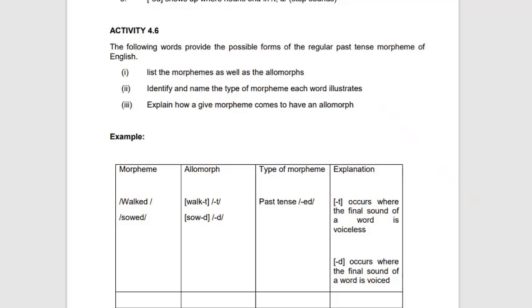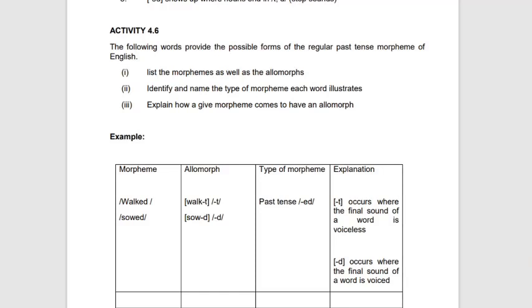And of course, by the way, what type of morpheme is that? What type of morpheme is dogs? When you are asked about type of morpheme, is it past tense? Is it possessive?